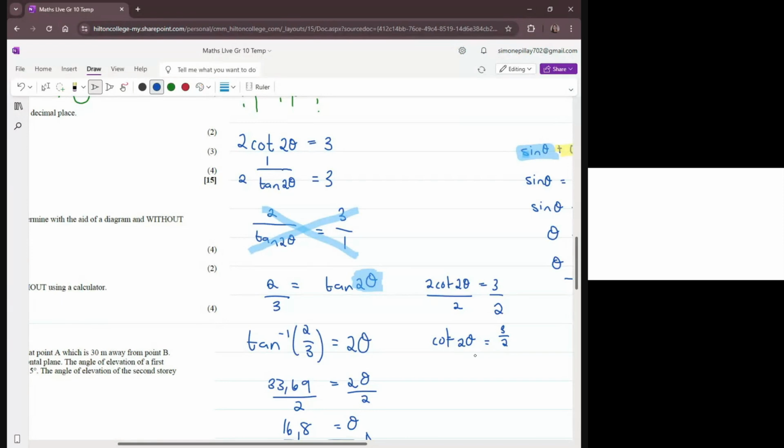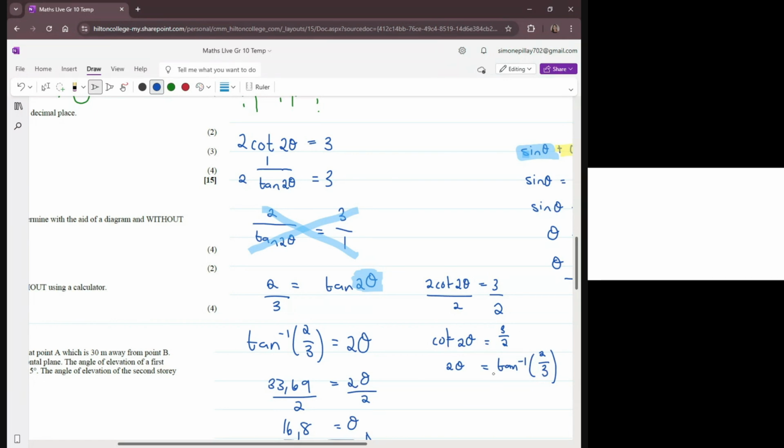Then 2 theta is equal to, and now we could do arc cot, but our calculators do not have that function. So we go arc tan, and then we swap. We swap our fraction around, because remember, cot is the inverse of tan. So that's how that works.